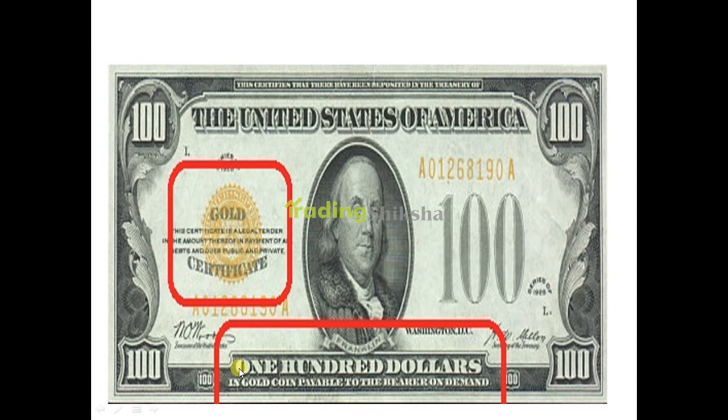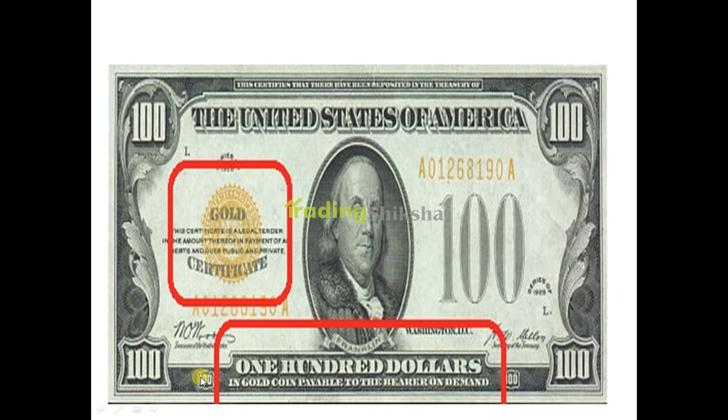You can see on this note a line written: $100 in gold coin payable to the bearer on demand. What this line means is that anyone having this note can go to the bank and exchange it for the equivalent amount of gold.